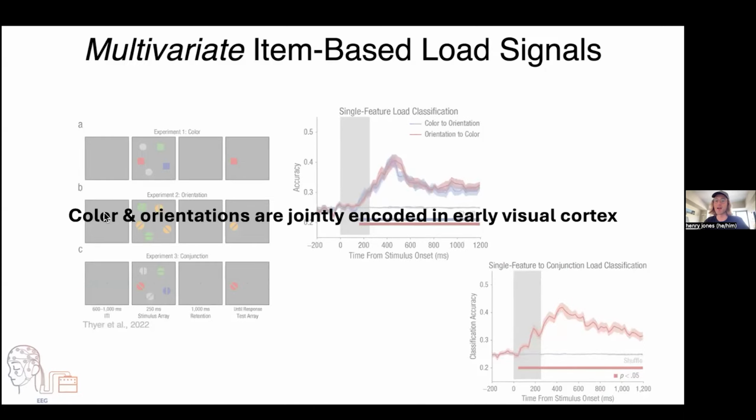However, we got this feedback at the time: colors and orientations are jointly encoded in the early visual cortex and throughout the visual processing stream. So it's really possible that we're actually picking up on two interleaved load signals, and that EEG is just too coarse to pick up the differences between these. And so what looks like one signal is really just two similar signals.